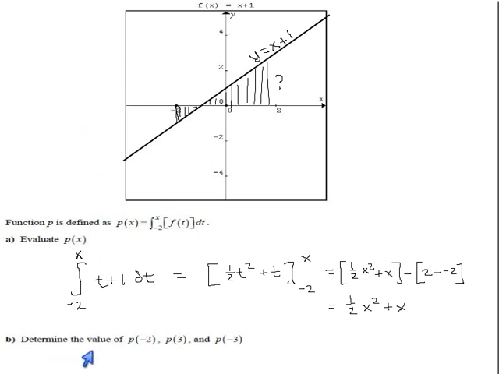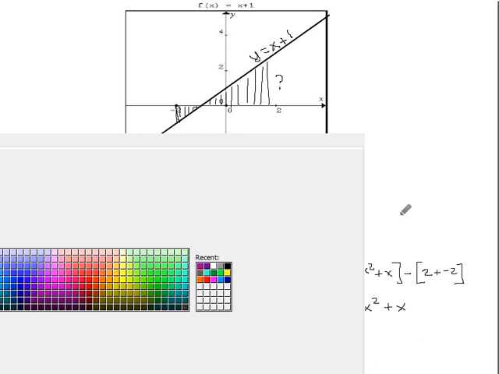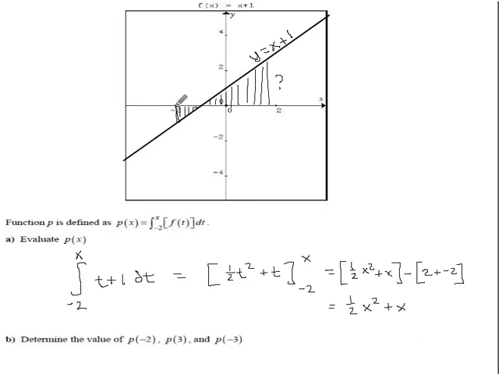Now they say determine the value of p of -2. This is a trick question. Do you remember this? We've seen this before. This will come out to 0, and maybe you remember why. The idea with this is our integral is already designed to start at -2, and now we're saying it should also end at -2, meaning there's no width here, and that means the area should come out to 0.